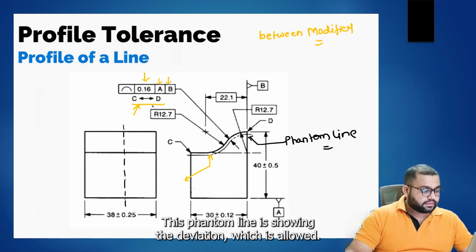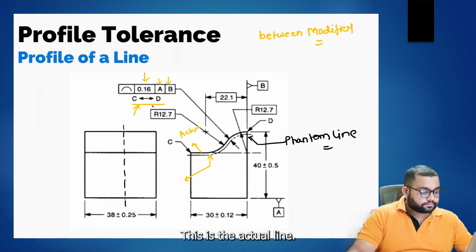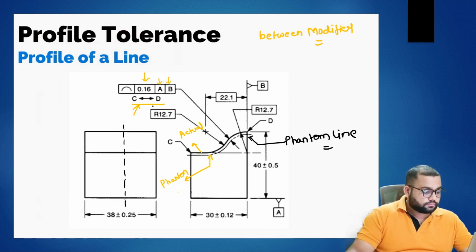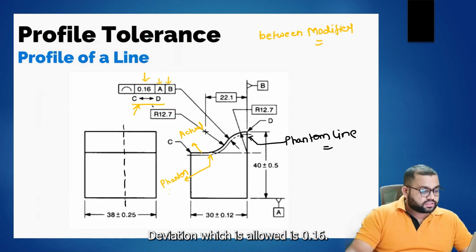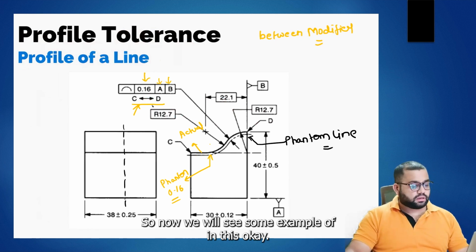This phantom line is showing the deviation which is allowed, and this is the actual part line. This is the actual line, and this is the phantom line showing the deviation. The deviation which is allowed is 0.16, the tolerance which we have given in the feature control frame. Now we will see some examples of this.